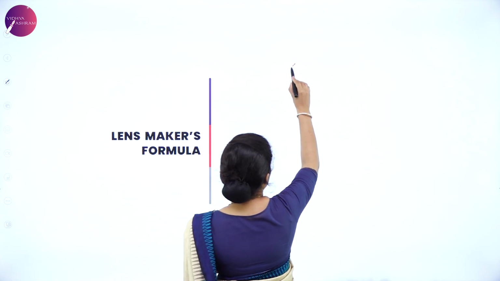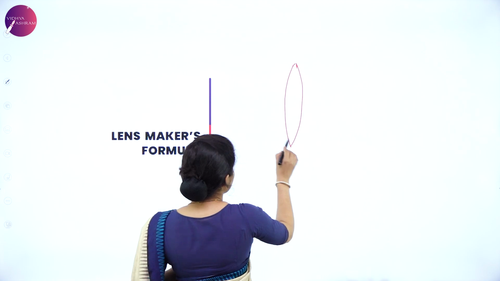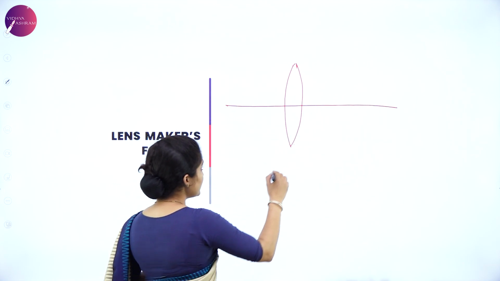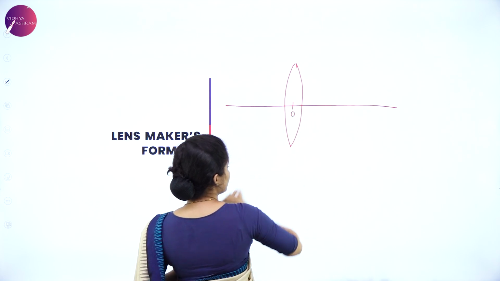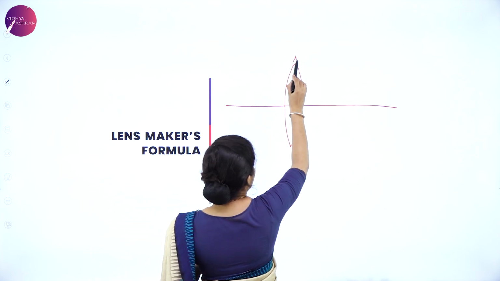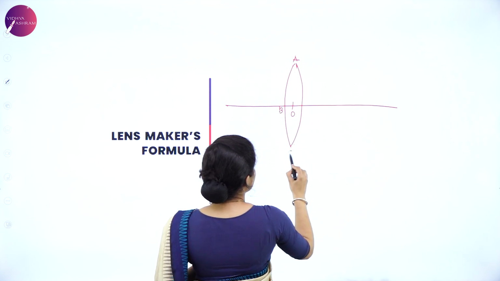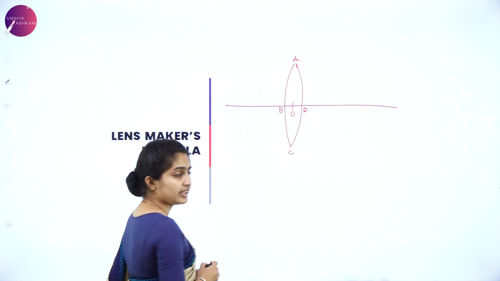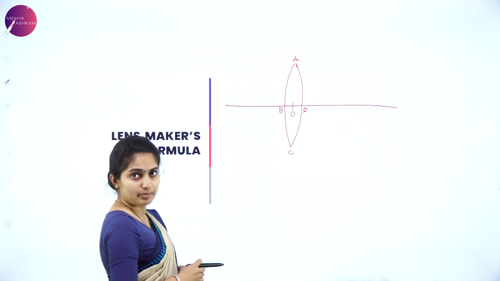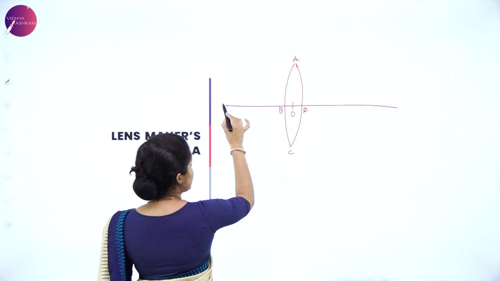Now let us derive the lens maker's formula. We have a lens and a principal axis, and the center of the lens is known as the optic center. A, B, C, D is the lens, and there is an image formation here.